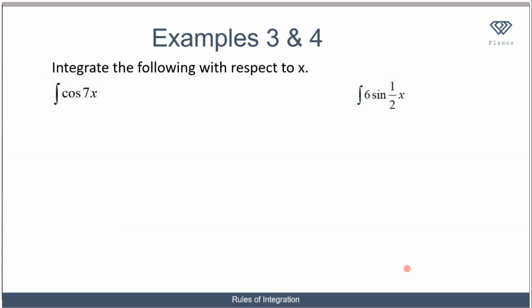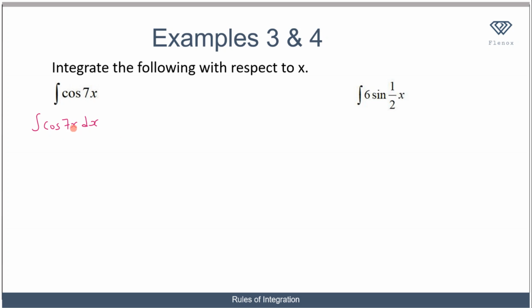And here we are told to integrate the following functions with respect to x. So in the first one, we are told to integrate cos 7x with respect to x. So we have to find the integral of cos 7x with respect to x. So the same thing, normally I cannot solve this directly because I don't know what the integral of cos 7x is, but I know what the integral of cos x alone is.